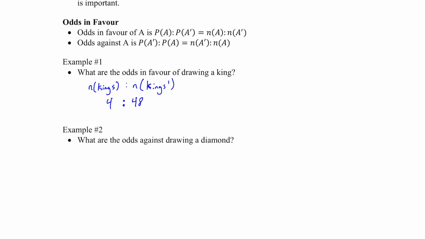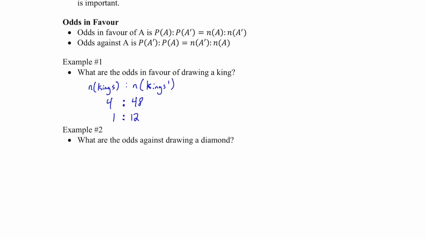And we simplify this much the same way as we simplify a fraction. So we look for something that's a common factor of both. Both of these numbers are divisible by 4, so we have 1 to 12. And that would be our final answer. We don't get rid of that 1 when we do a ratio representation. We want to understand that there's a 1 to 12 chance.